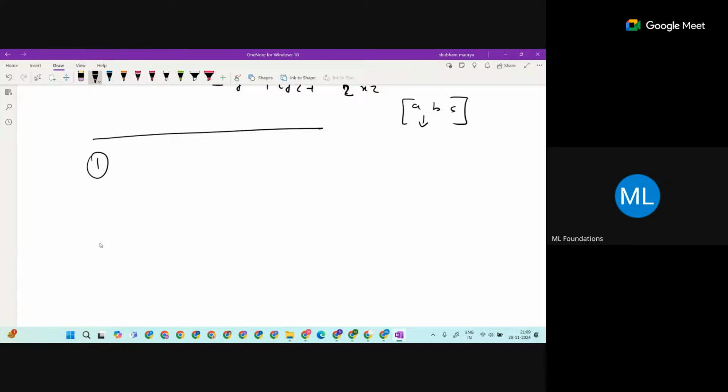The problem would be: find the maximum value of the function.